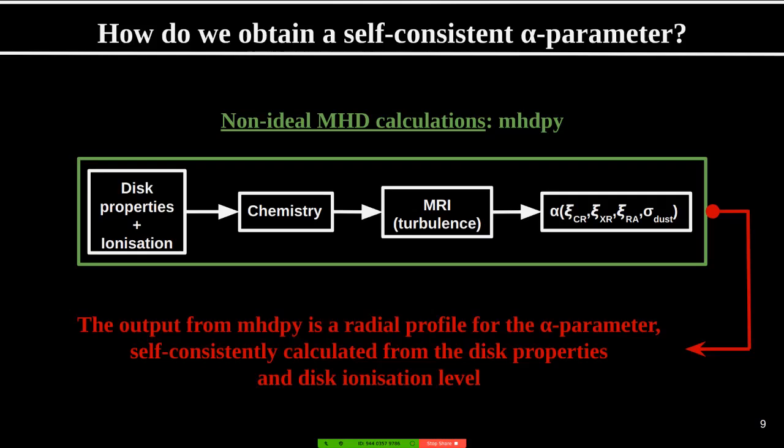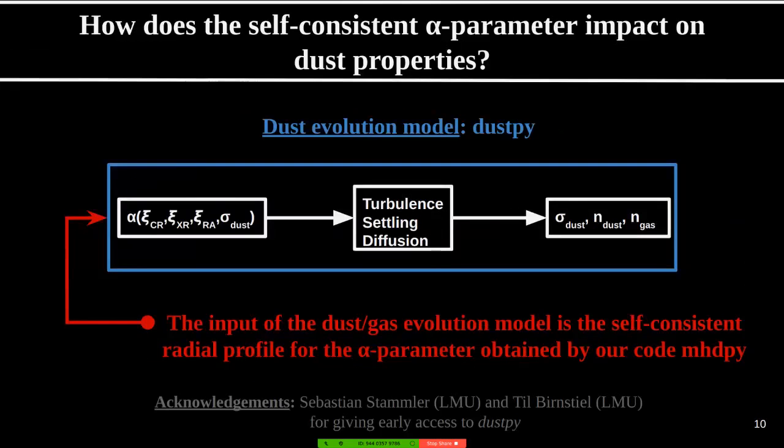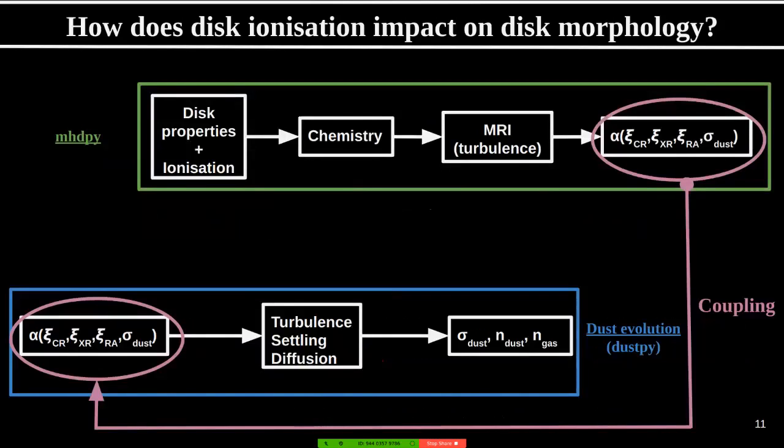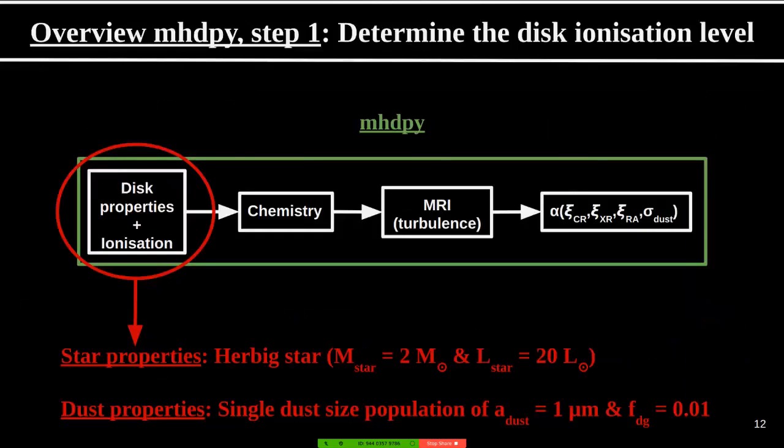Once you have it, you can use it as an input for your favorite dust evolution model, which in our case is DustPy, and running it will allow you to see how the dust is distributed across the protoplanetary disk. As a summary, to study the impact of disk ionization on disk morphology, you combine MHDPy and DustPy, and then you have a self-consistent picture to address this problem. Now I'm going to walk you through MHDPy.